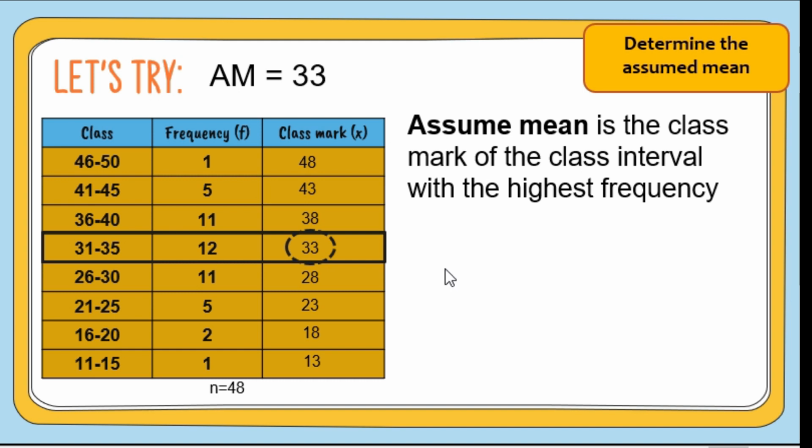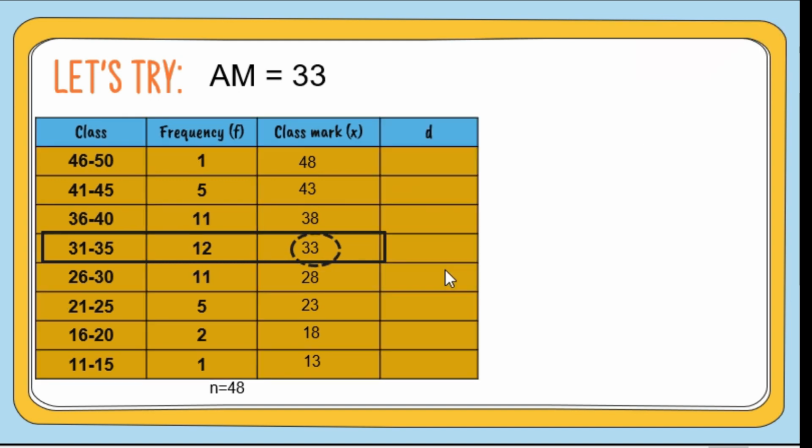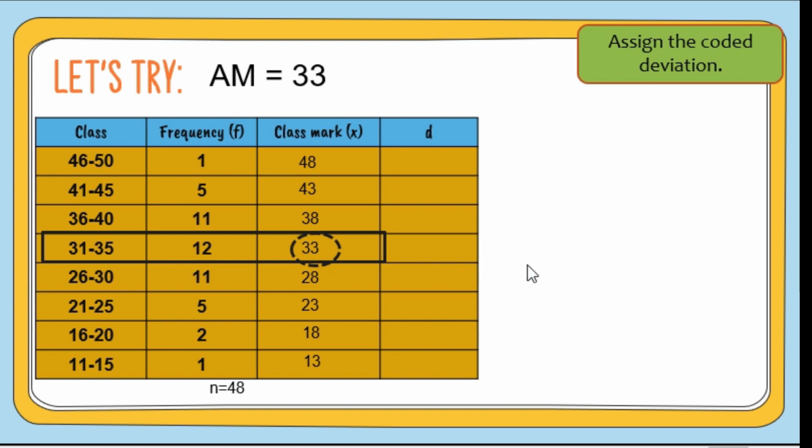Now, after determining the assumed mean, we go for the second step, we assign the coded deviation. How do we assign the coded deviation? We always start where the assumed mean is and we put 0 for the assumed mean. Then, going upwards, we will be assigning positive consecutive integers. So we start with 1, 2, 3.